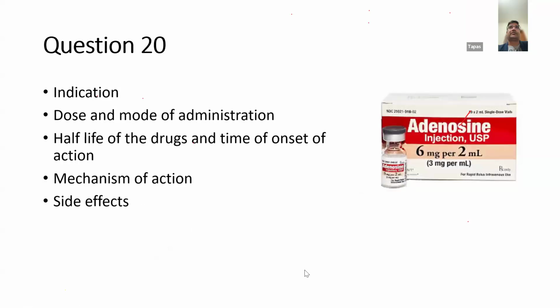Okay, so next question. You can see the drug on the right-hand side, the image. What is the indication of using this drug? PSVT already discussed. What is the dose and mode of administration? What is the half-life of the drug and the time of onset of action?